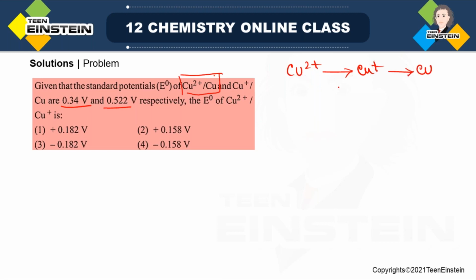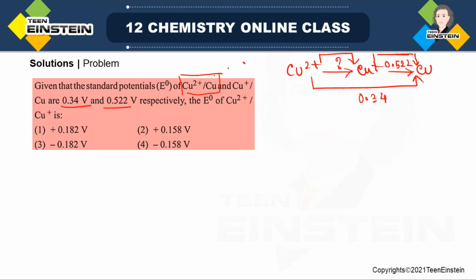So here Cu2+ to Cu+, this is the value you have to find out, and the value for Cu2+ to Cu is given, this is 0.34, and this system is also given, it is 0.52.